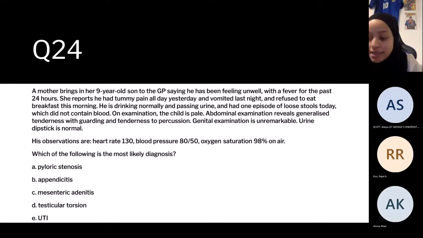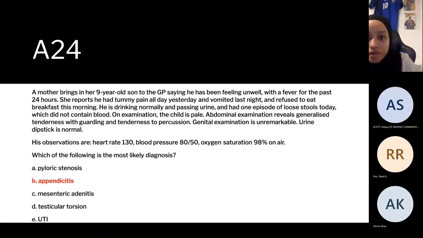And we've got appendicitis as the most common response. And yes, that's correct. It is appendicitis. So the clue comes from the fact that he's been having this tummy pain, also that he's vomited.